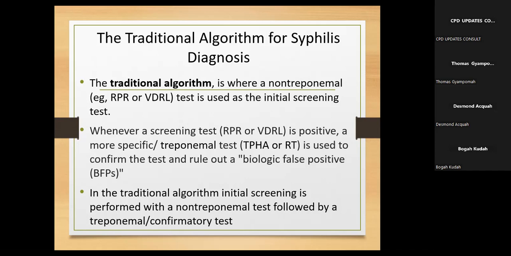It's the same thing that we try to go around in several ways so that you understand what is called the traditional algorithm. So in the traditional algorithm, you do the screening test. What is your screening test? The screening is the non-treponemal test. What's the non-treponemal test? The RPR or VDRL. That is what you are going to use as your first line, and it becomes your screening test. Now, once that one becomes positive, you have to do a confirmatory test. That's all about what we call the traditional algorithm. Good.